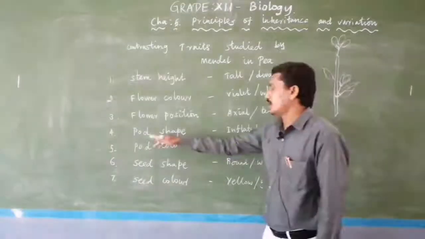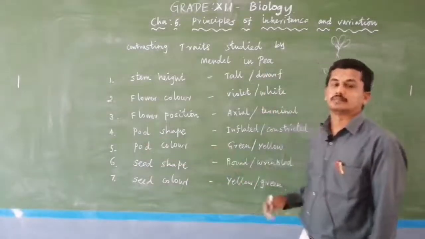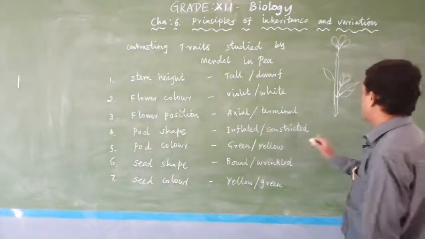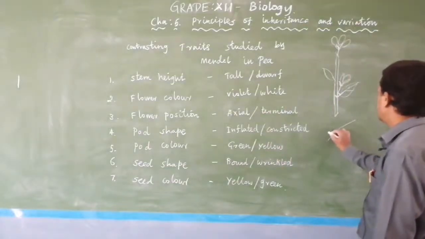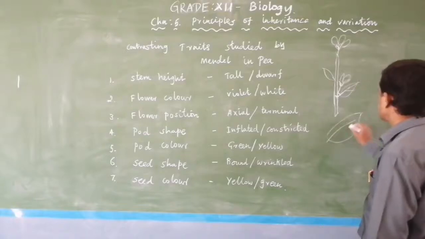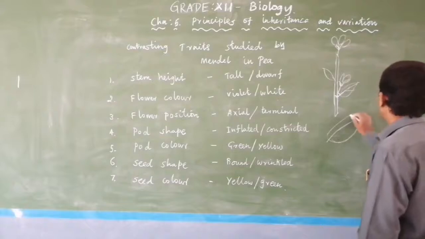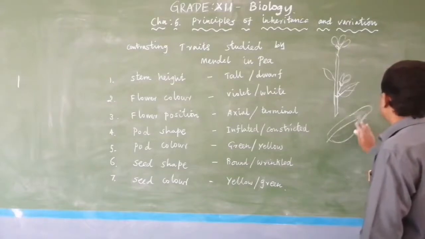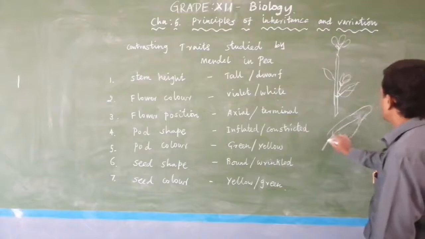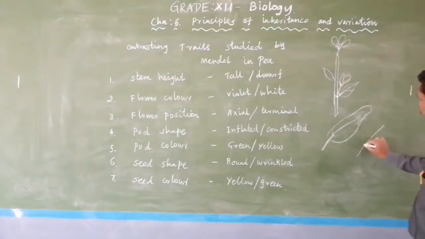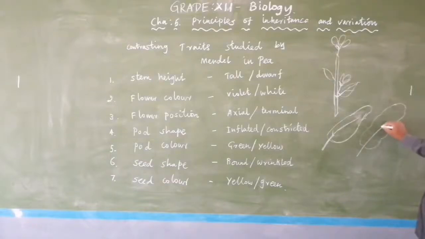And the pod shape. Pod is nothing but fruit; it refers to the fruit's external shape. For example, one fruit is inflated, and another type of fruit is constricted. Constricted means shrunken, in some areas it is shrunken.